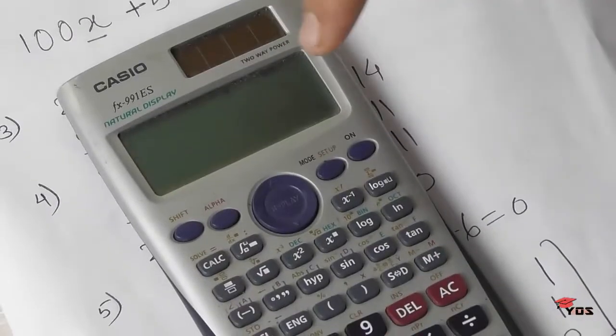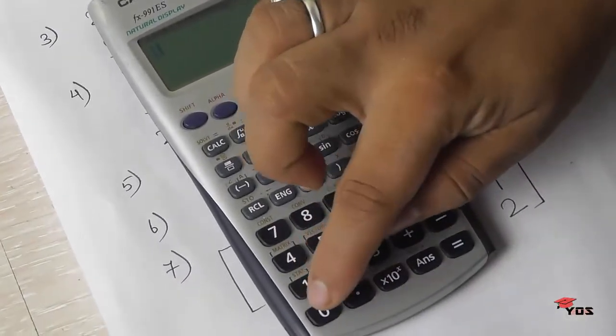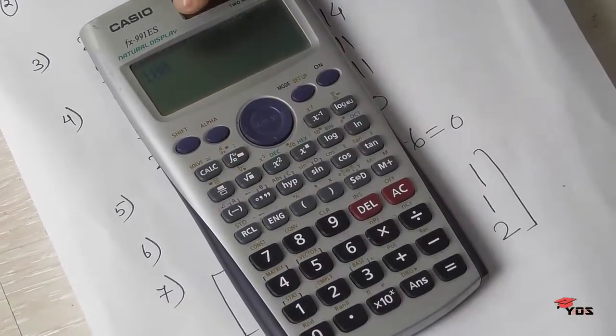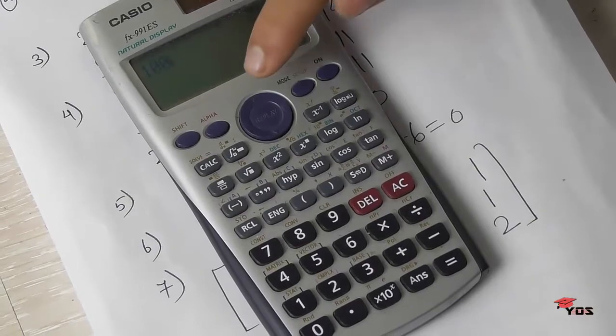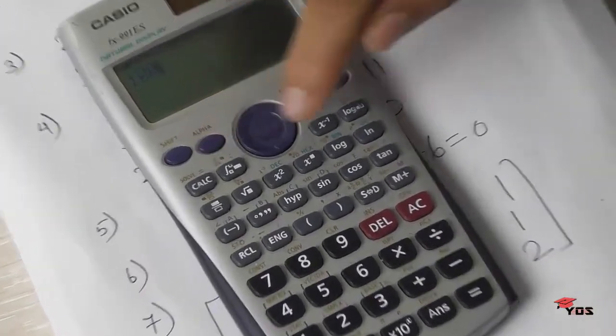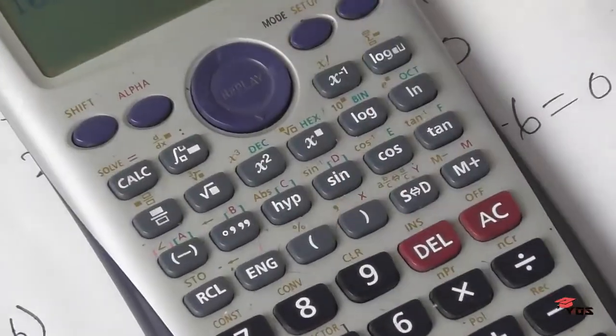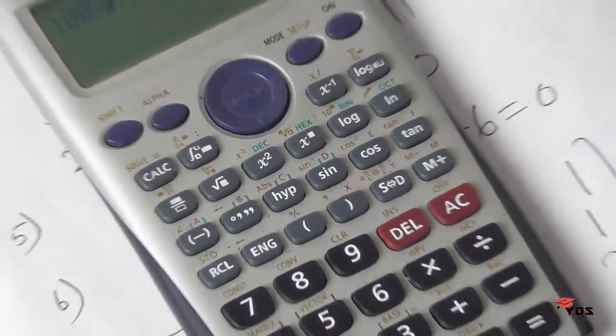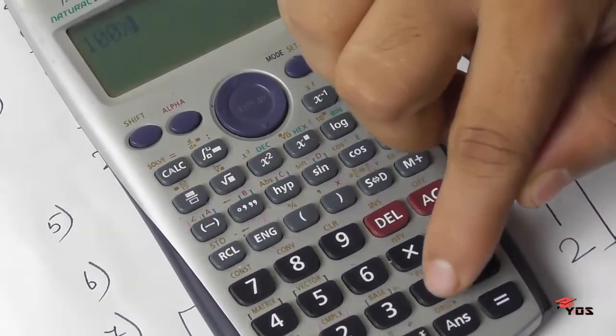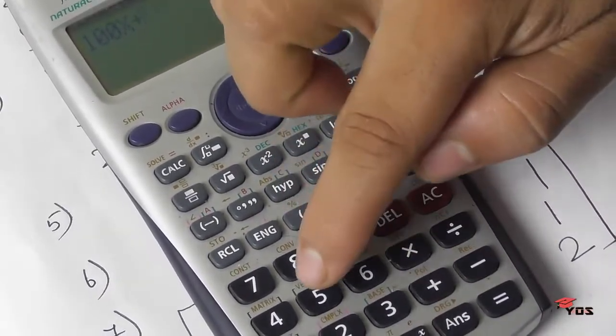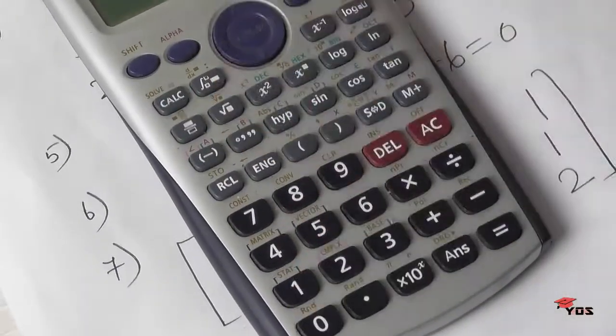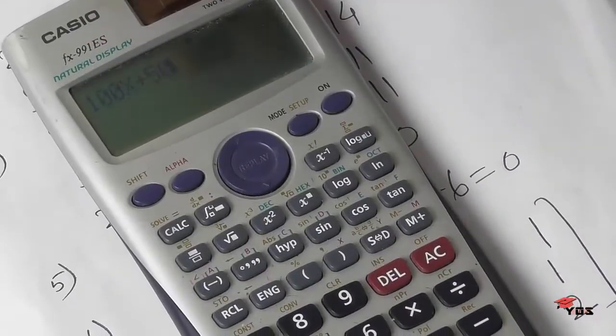So we have 100x, this is going to be 100, then we want to type x. For this we have to use alpha, and here we have x. So we got 100x. Now we have this plus and 50, so 50. Now we got it as 100x plus 50.